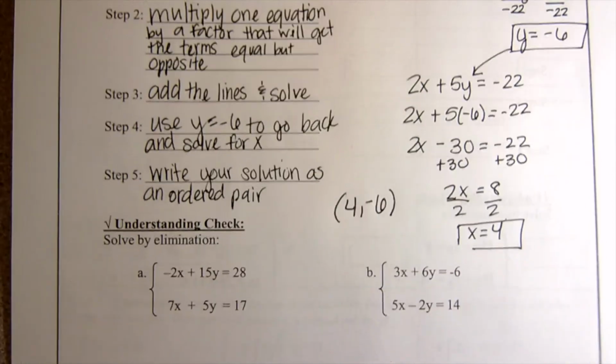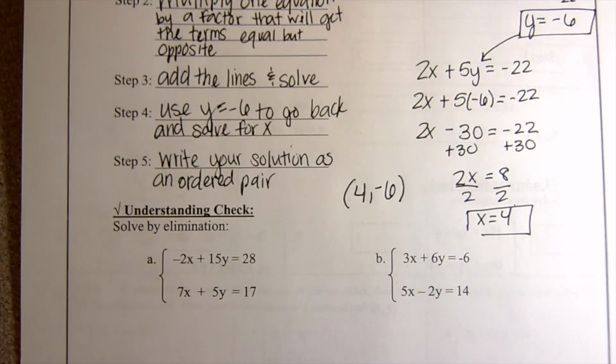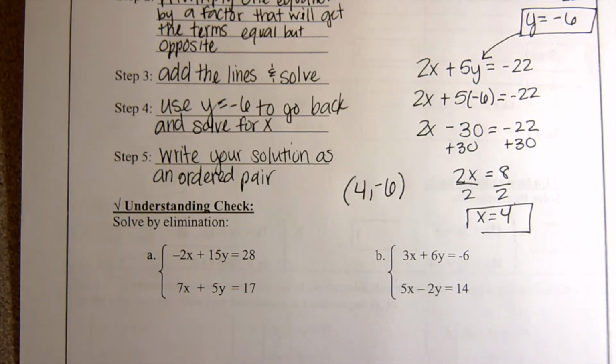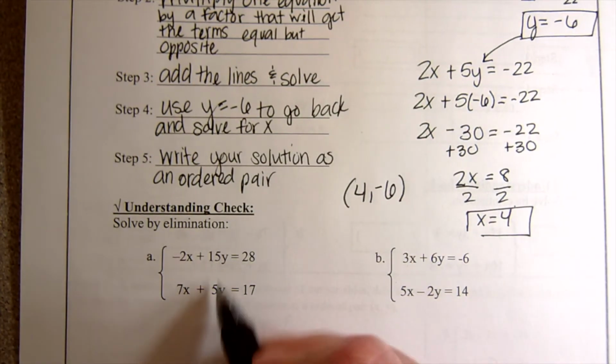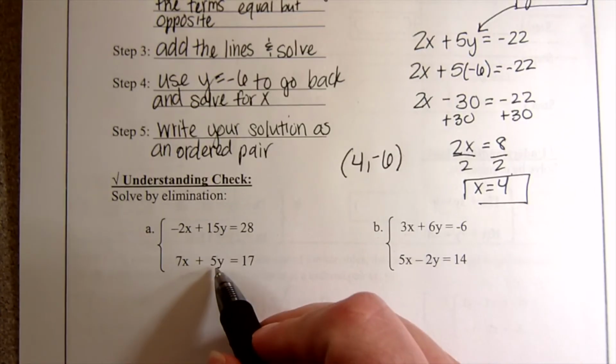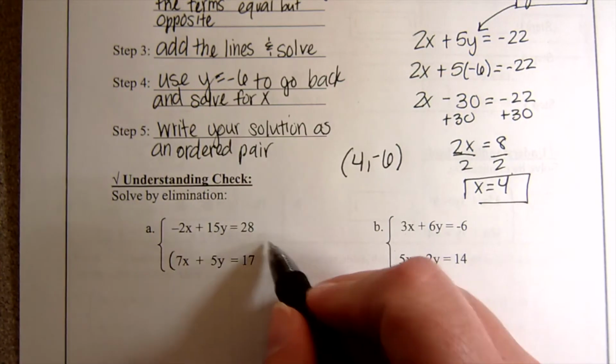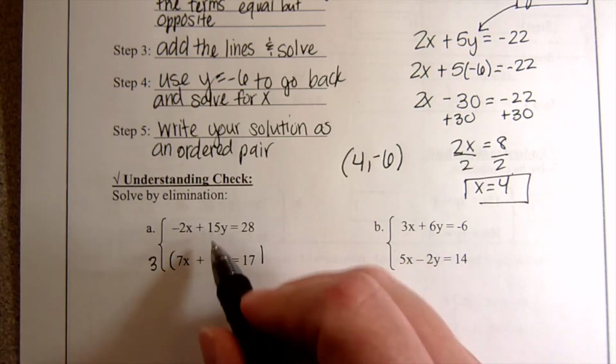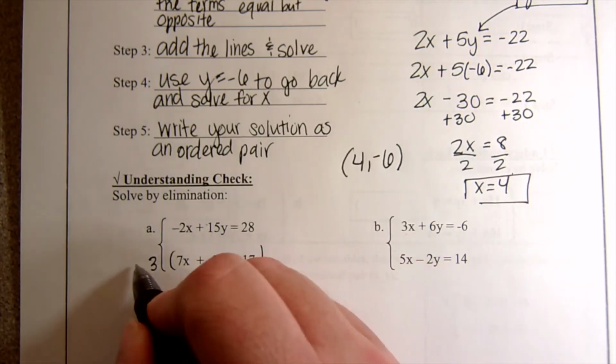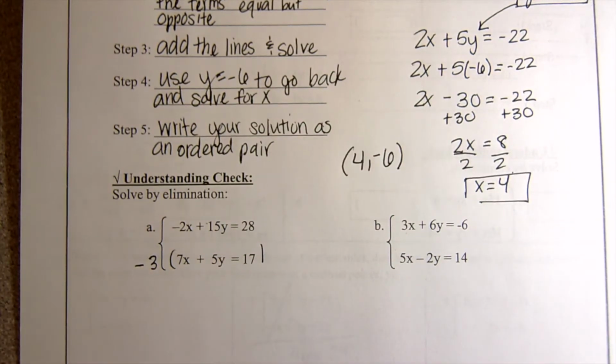Part A, we said we wanted the Y to both be 15, right? So what do I need to multiply the second equation by to get 15? I want to do 3, and I also want to make sure that it's negative because I want these two signs to be opposite so that they cancel out. So you are distributing negative 3 to the entire equation.